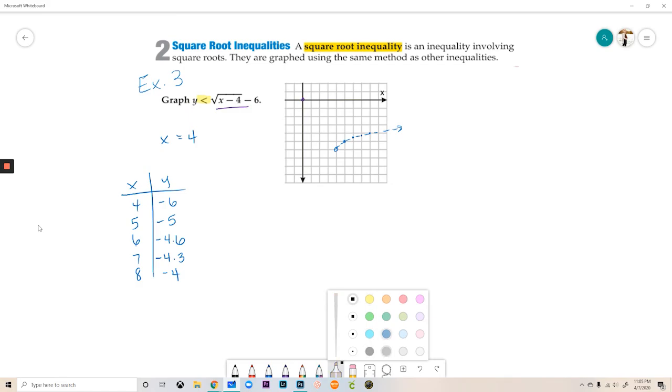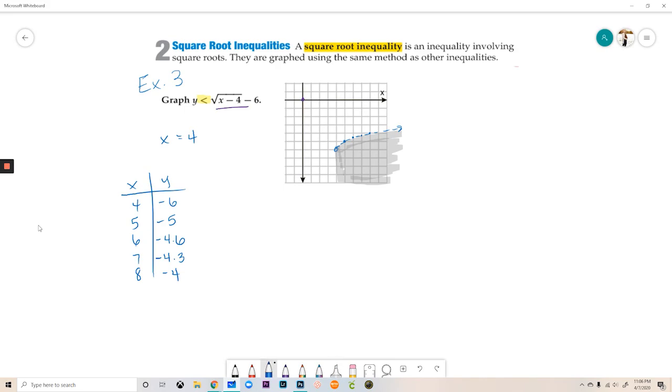However, we should be testing points. So let's shade it and then see if we're correct. Now remember, we can't shade anything to the left of this x equals 4 line because that would give us imaginary solutions, and that's not what we want.